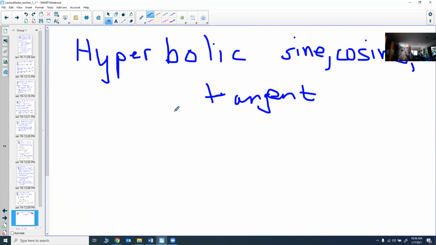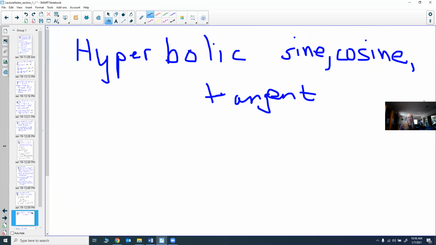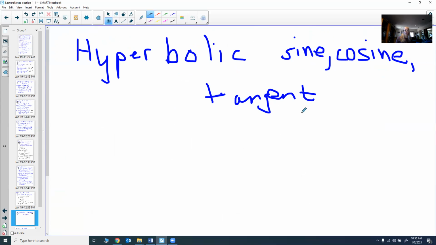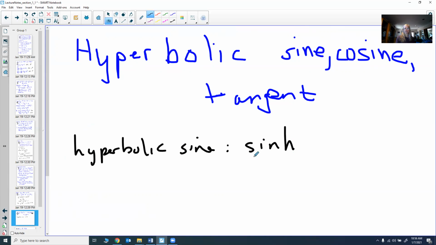I do want to mention that sometimes some of our solutions we see in this course involve what we call the hyperbolic sine, hyperbolic cosine, hyperbolic tangent. I want to talk about what those are because you've probably not been exposed to those very often. The hyperbolic sine, the symbol for it looks like a cinch. I hear people call it cinch, but it's S-I-N-H is what it actually is. So that's the symbol for it.